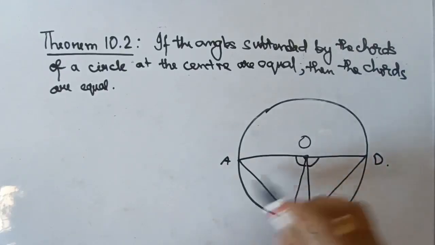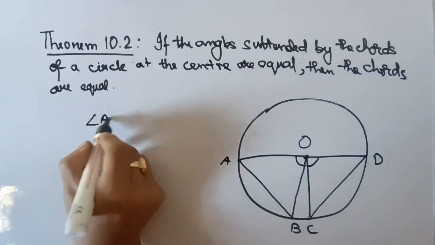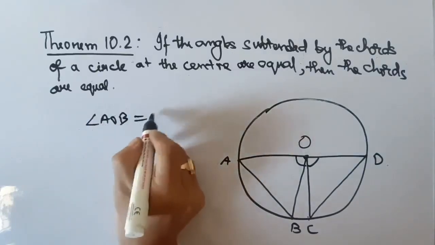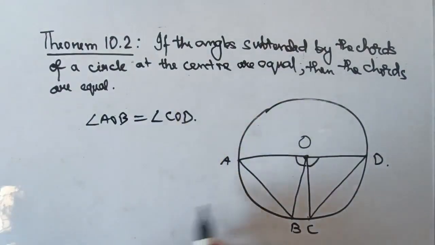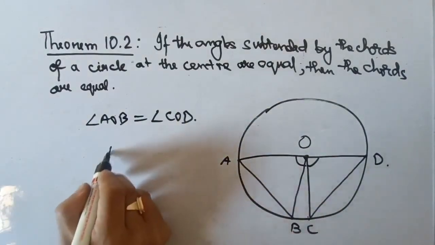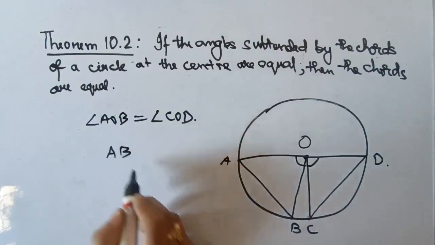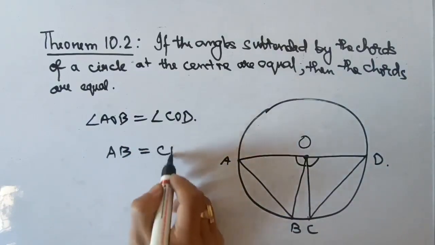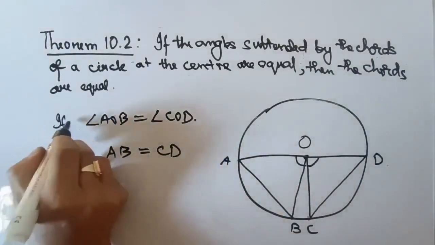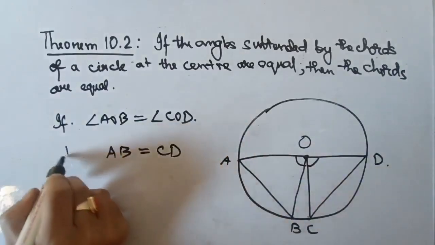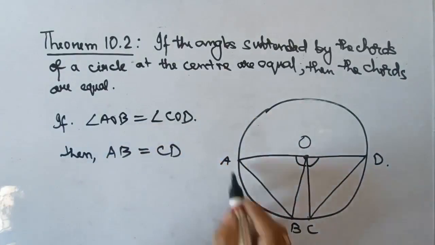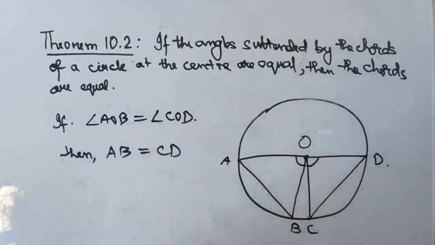Angle AOB is equal to angle COD. Then, according to the theorem, these two chords are of equivalent length. That is, AB equal to CD. If angle AOB is equal to angle COD, then the two chords AB and CD are of equivalent length.